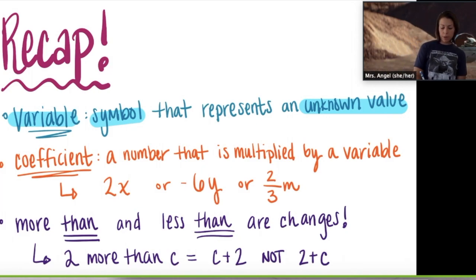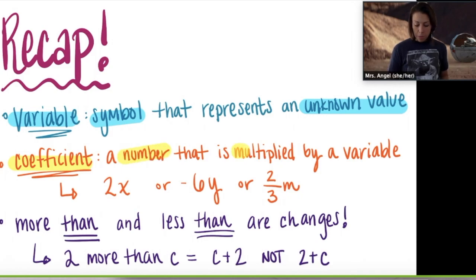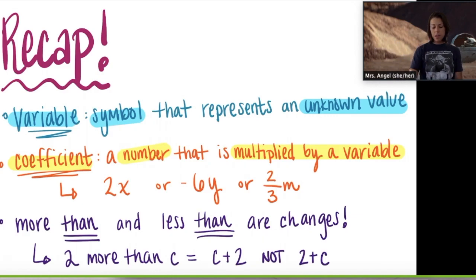Coefficient was a new word that we learned today. The coefficient is a number that is multiplied by a variable. So in these examples, in 2x, -6y, and 2/3 m, the coefficients are 2, -6, and 2/3, because those are the numbers being multiplied by variables. Notice also, all of these are products, even though they don't have parentheses.